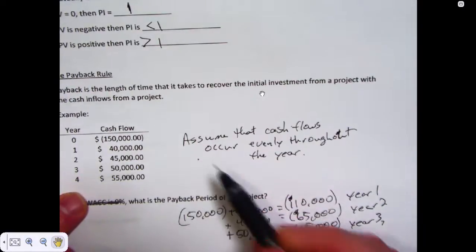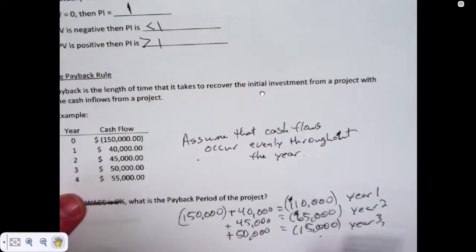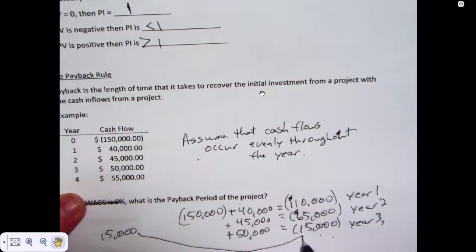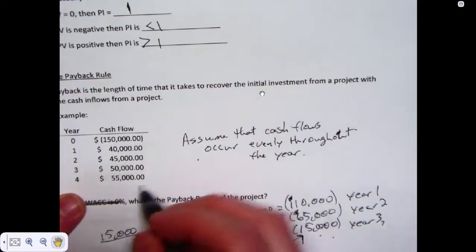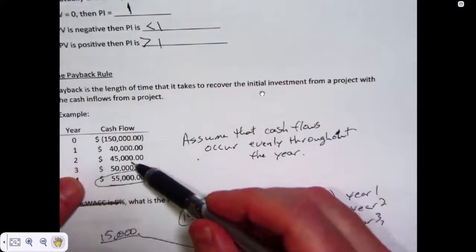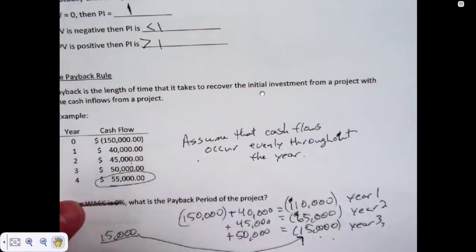I divide it by the cash flows for the next year. It's not less than 50,000 because it's the end of the project. It's just because of when we can pay it off. So it's 15,000 divided by 55,000.